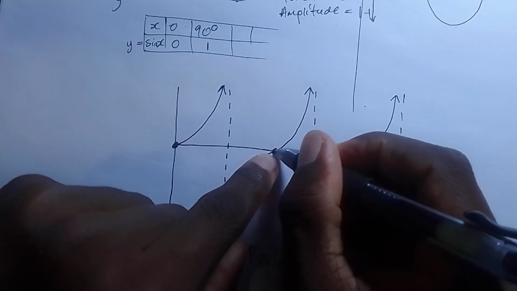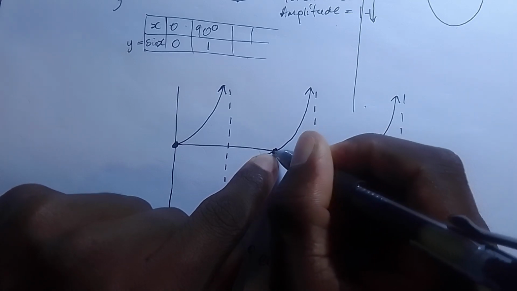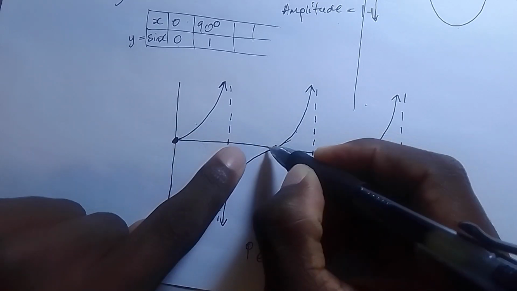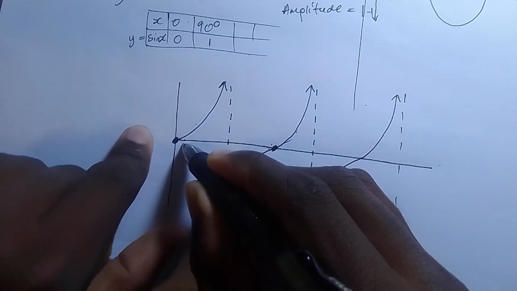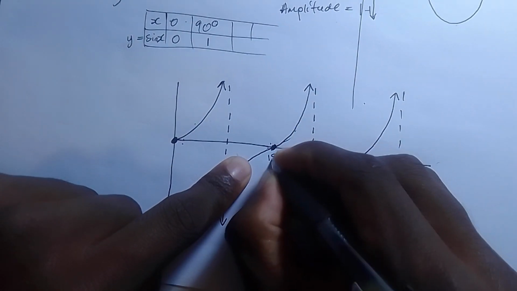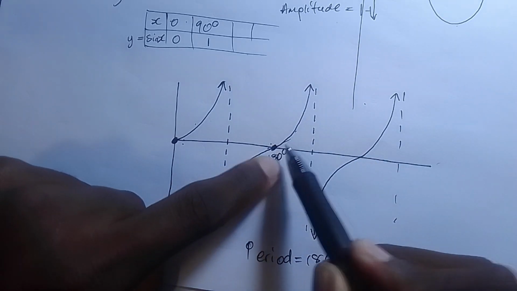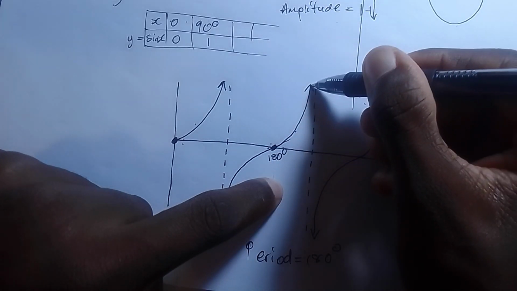You still haven't repeated anything. But as soon as you get here, now you're going up again from this point, which is the same as going up again from this point, right? So now you're starting to repeat something. You're repeating what you did here. So you have completed a full cycle. When you've completed a full cycle, it's when you start to repeat what you have already done. Now it's going to go up again.